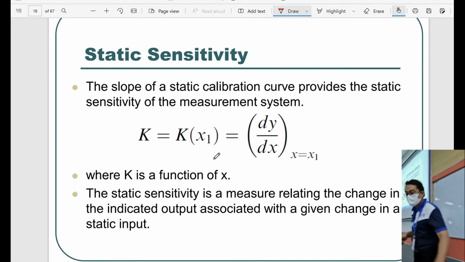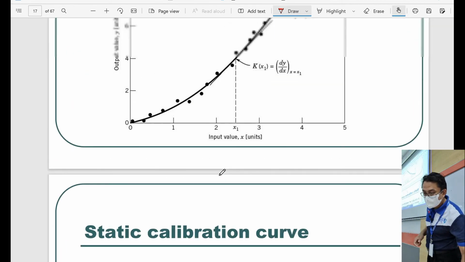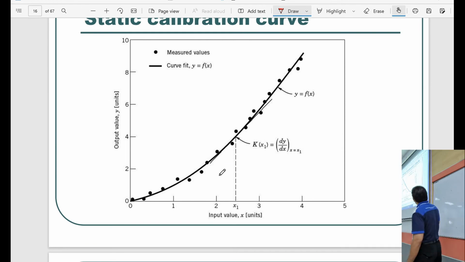For example, you have a few plots, and I say that this is actually linear. If it's linear, you can easily use the plots to generate the linear equation.